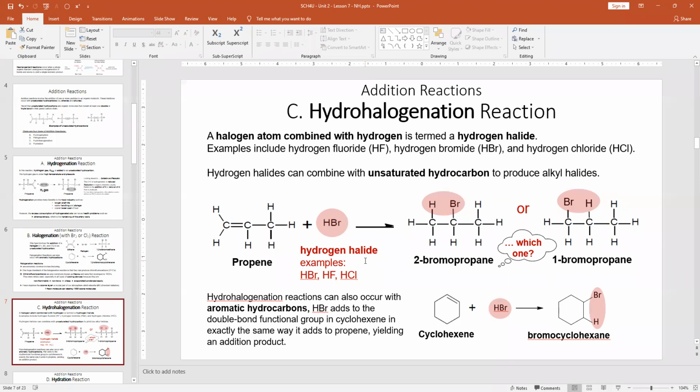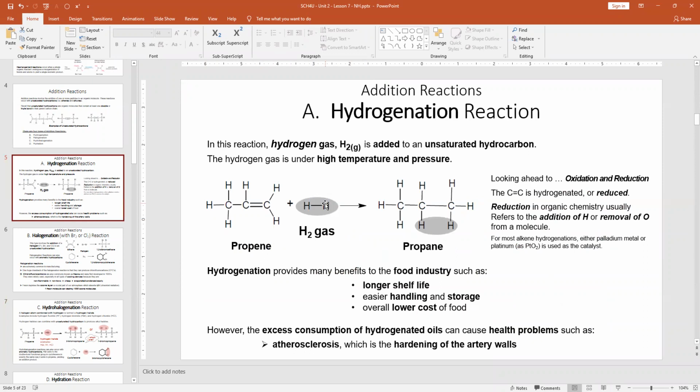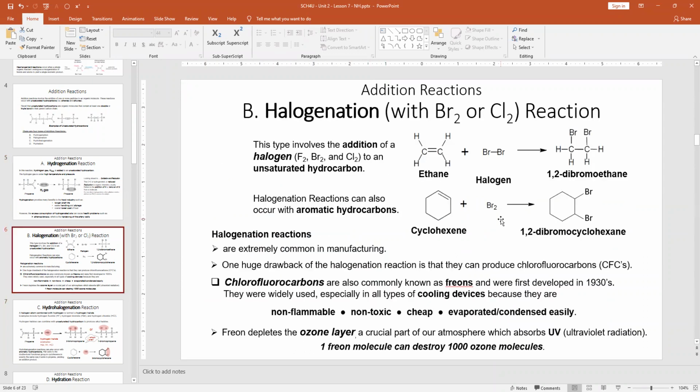So here we have an example where you have an unsaturated hydrocarbon such as propene, and to that, you're adding a hydrogen halide. Whereas in the other two examples, we had the addition of just H2 for hydrogenation. In halogenation, we had the addition of a halogen, like Br2, Cl2, F2, so all of these halogen gases.